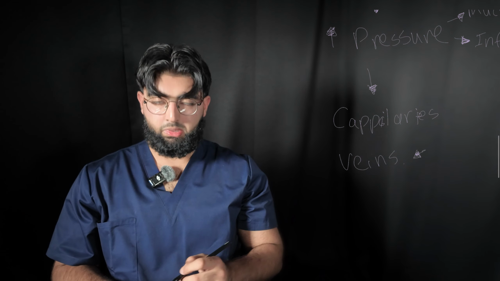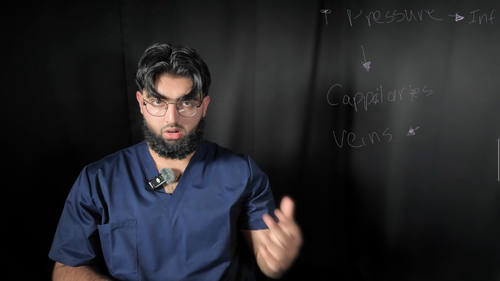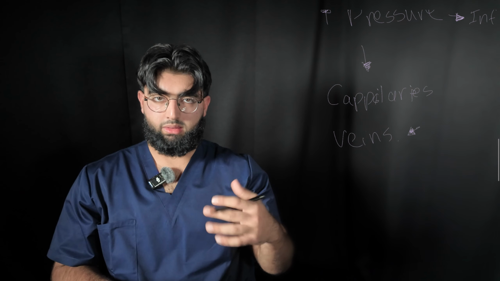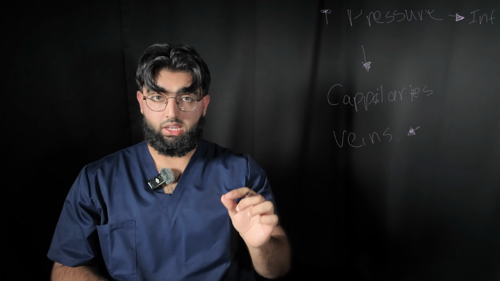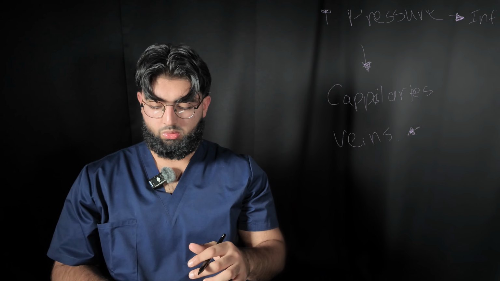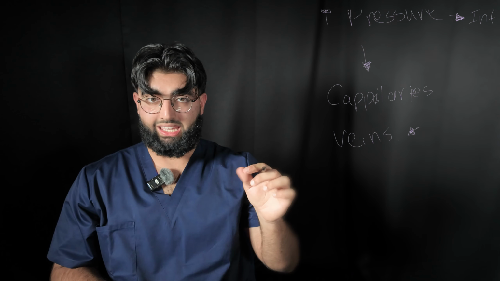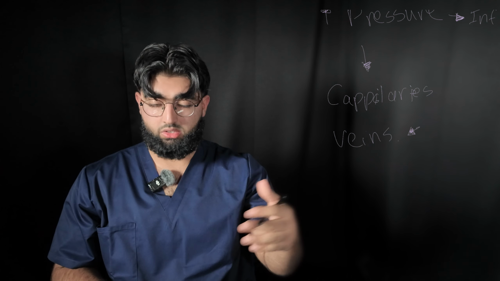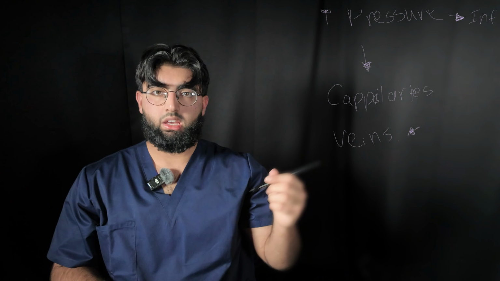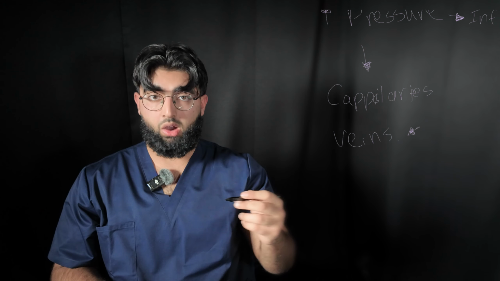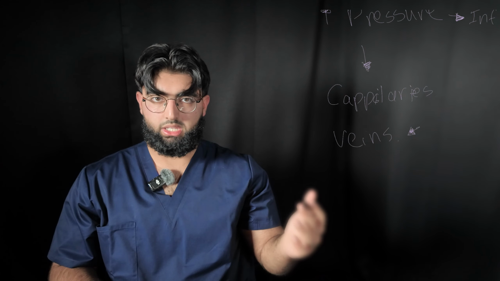Because veins are low pressure vessels, as opposed to arteries, any rise in pressure can cause the veins to collapse. So as the pressure within the appendix begins to rise, it can collapse the veins that are draining the appendix. Bear in mind, there is still an arterial supply coming into the appendix, but now there is venous congestion because of the collapsed veins.